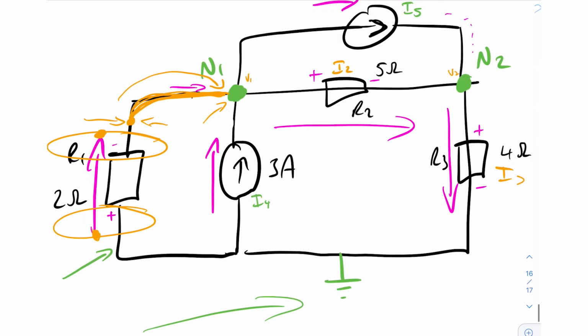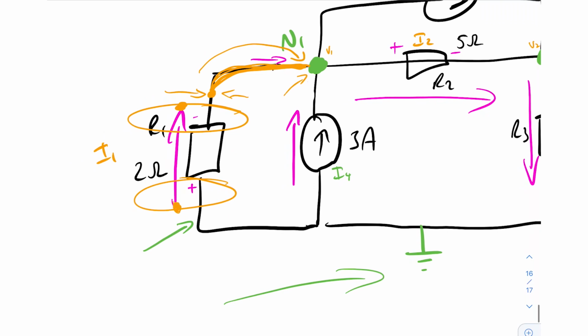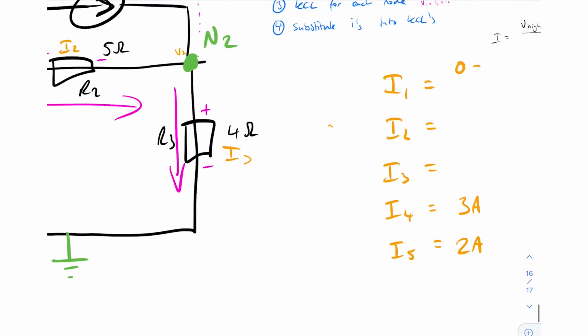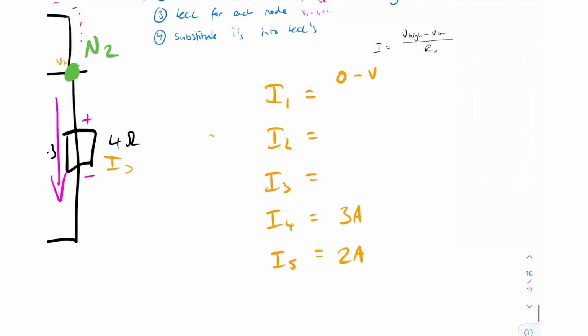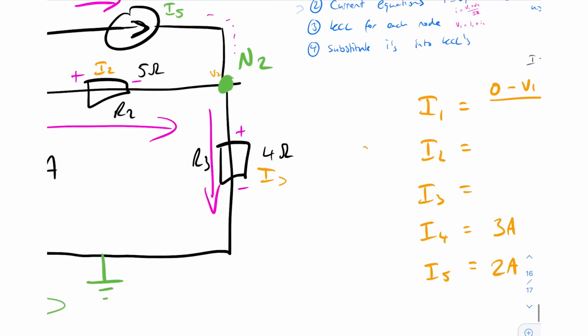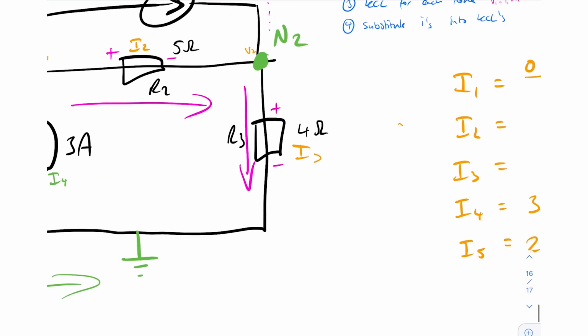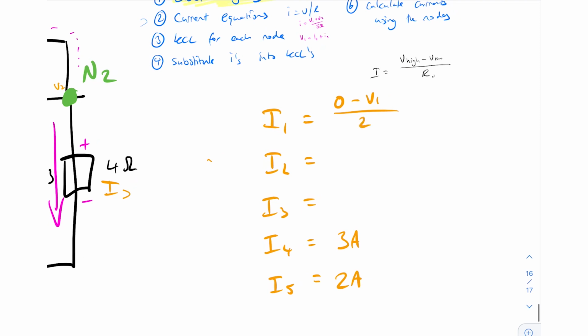So now we're saying that the voltage across this whole resistor here is ground 0 minus V1. So we put 0 minus V1, and then we can divide that by the resistor value of R1, which is 2 ohms. Right? And then another way to look at that is that you could just write minus V1 divided by 2.